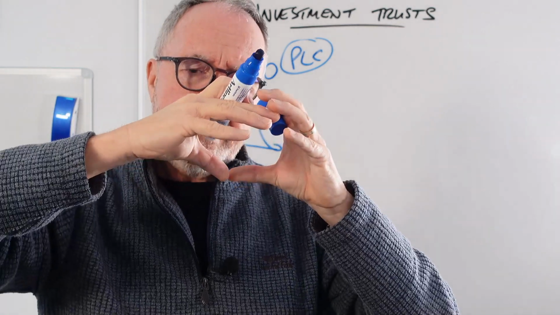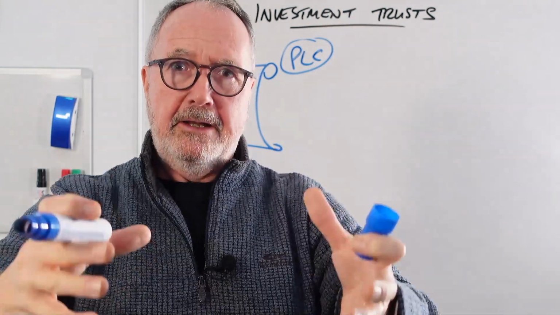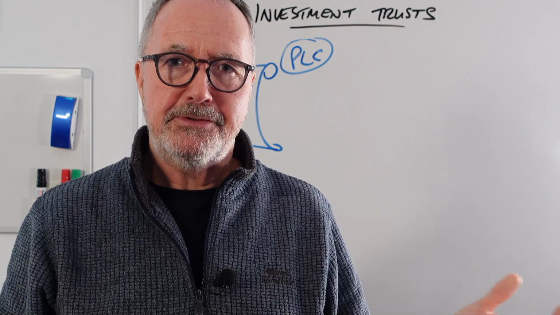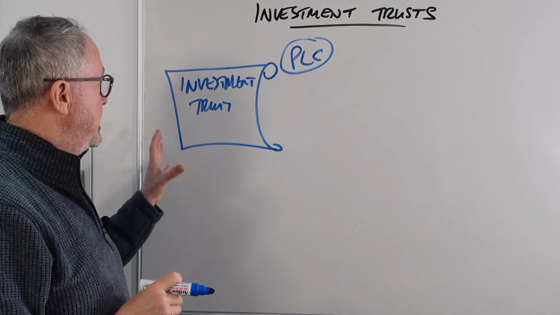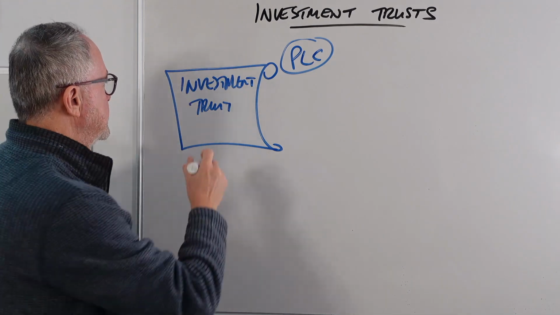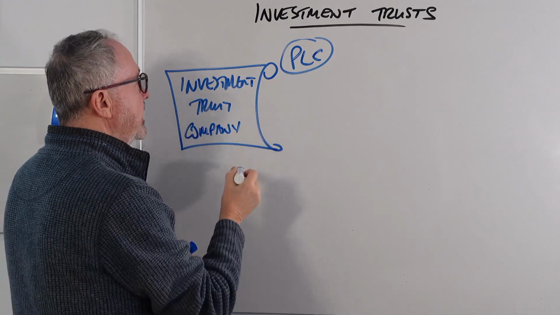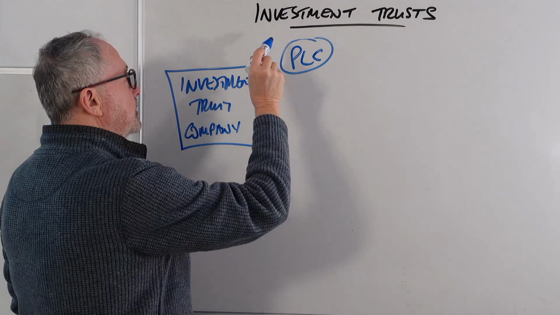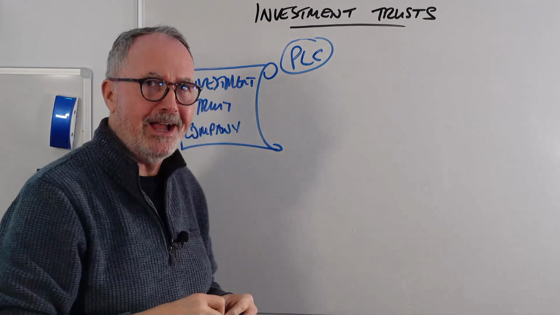And it has a structure which is designed to invest money on behalf of its shareholders, if you like. So you buy a share, and lots of people buy shares in this investment trust company. Let's put a company there for you, which has shares which you buy. They are traded on the stock market because they're PLCs. And that's pretty much how they work.